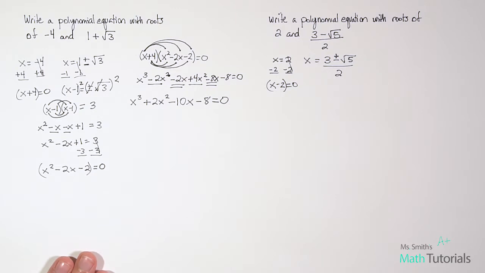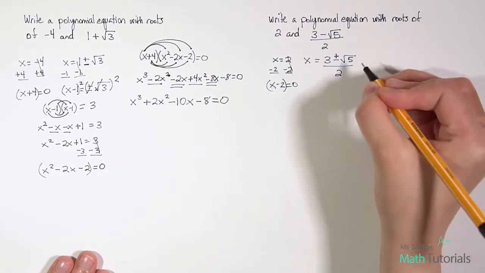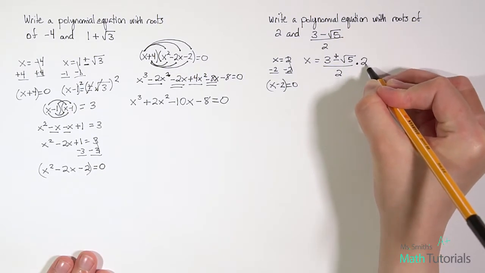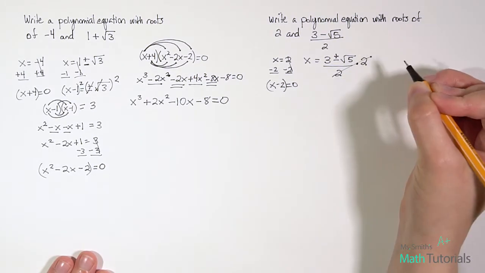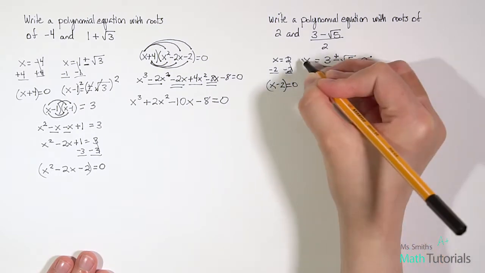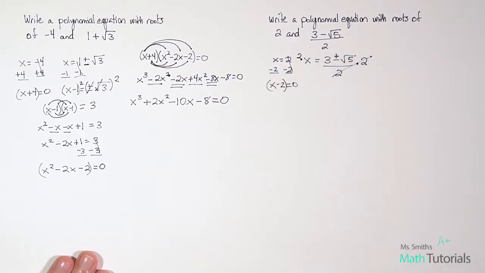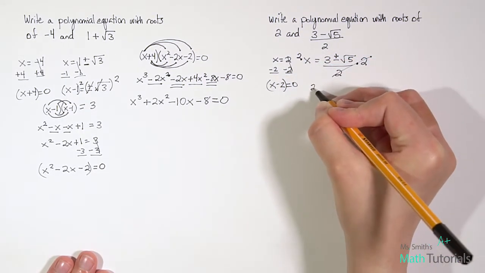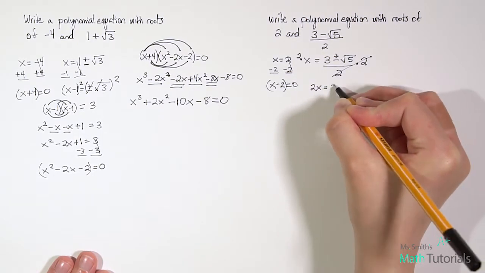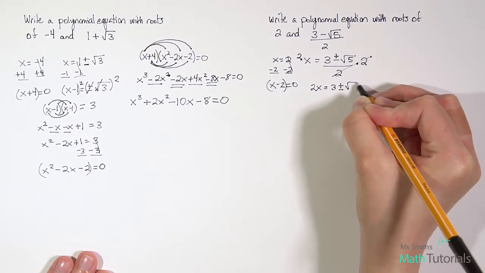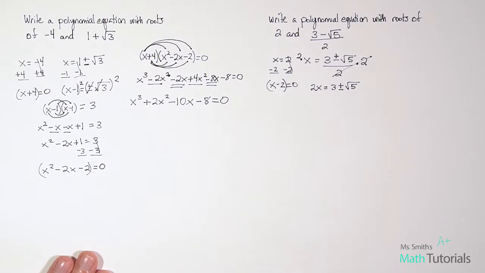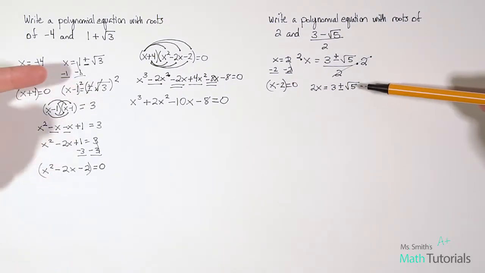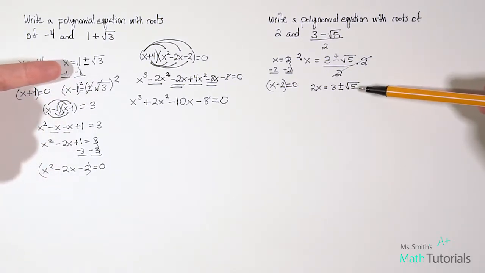Now for this second equation, remember, anytime we want to get rid of a fraction, we just need to multiply it by the denominator. That cancels on the first side, and then we just need to make sure we do the same to the second side. So we've got 2x equals 3 plus or minus square root of 5. So now this one looks just like what we had here.